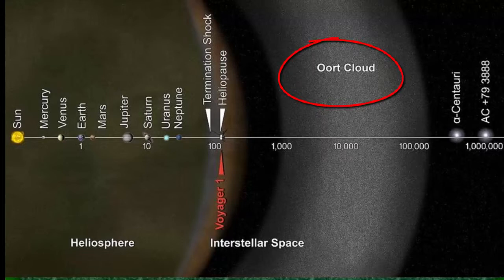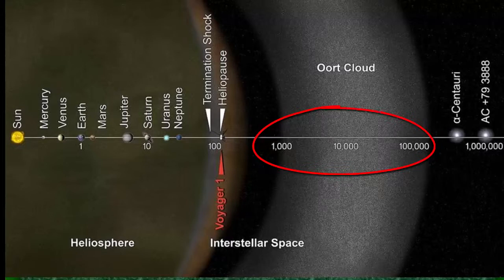First of all, this scale is logarithmic. So you're looking at the planets in the interior, and as you go out, it's really getting farther and farther distances away. And the Oort Cloud seems to start somewhere around 1,000 on this diagram, and these are in AUs again, and it goes all the way out to about 200,000 AU.